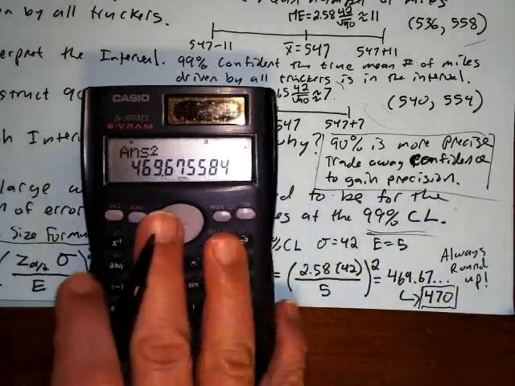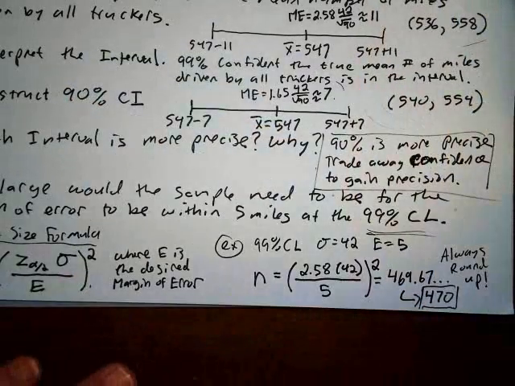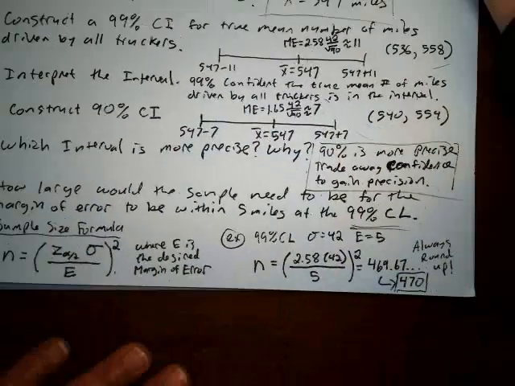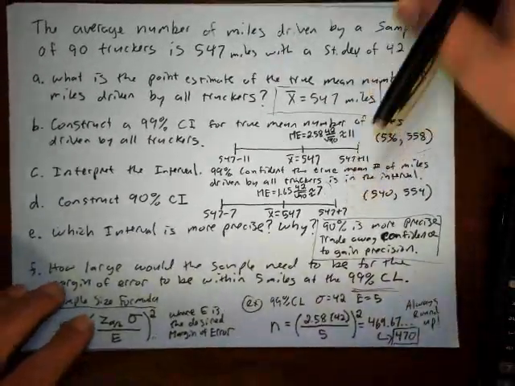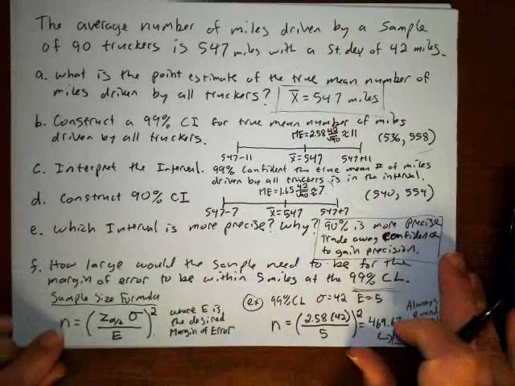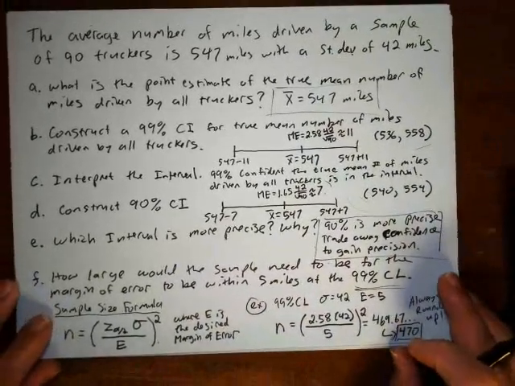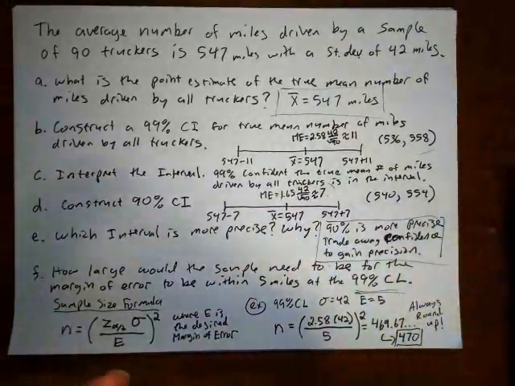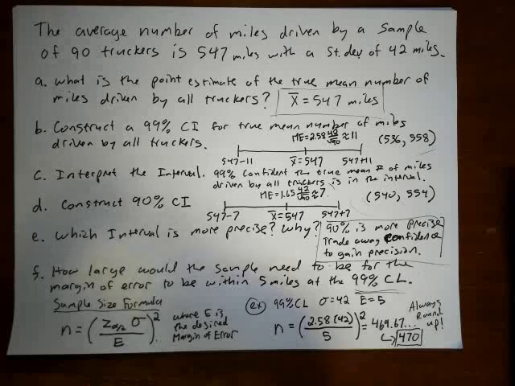Okay? So, basically, if you think about this, this is really nice. Okay? There's a lot here. But it's really nice because with this formula, what you can do is decide on your confidence level.